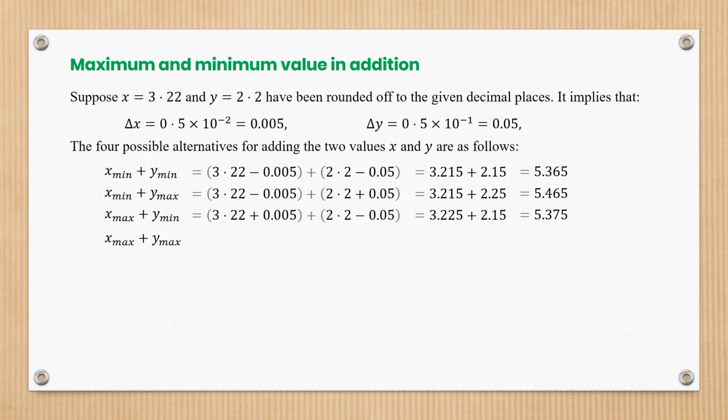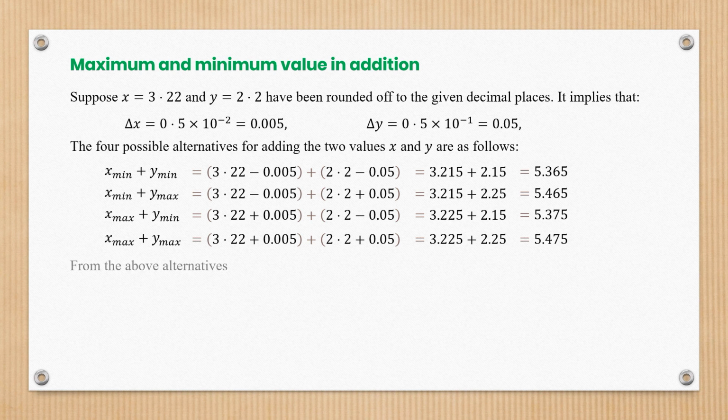Now another alternative can be x max plus y max, which shall be 3.22 plus 0.005 plus 2.2 plus 0.05. So I'll have 3.225 plus 2.25, which shall give me 5.475.